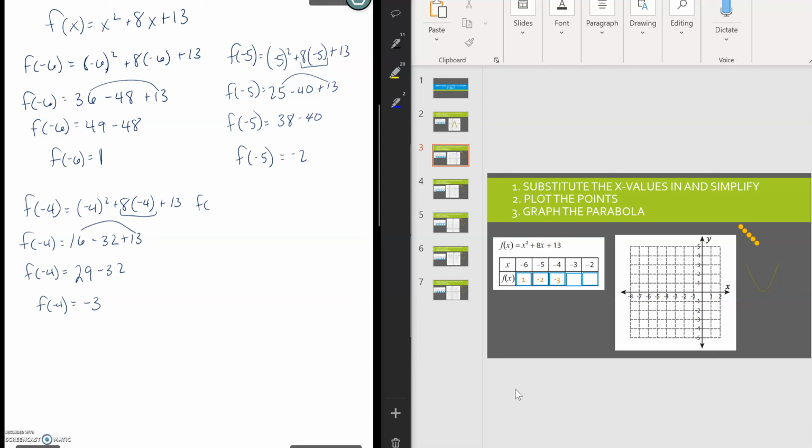Next, we're going to evaluate at -3. (-3)² is positive 9. 8 times -3 would be -24, plus 13.